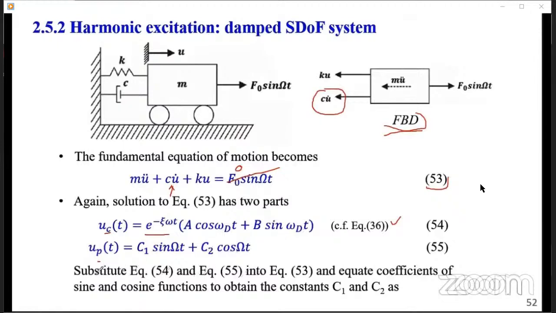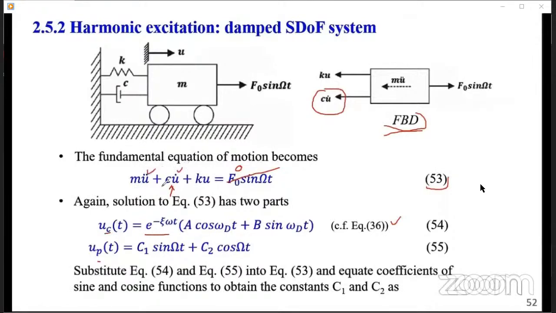Now here, you substitute equations 54 and 55 into 53. Here you have a lot of work. To substitute equation 54 into equation 53, you need to differentiate once and twice so that you can get the velocity and the acceleration.